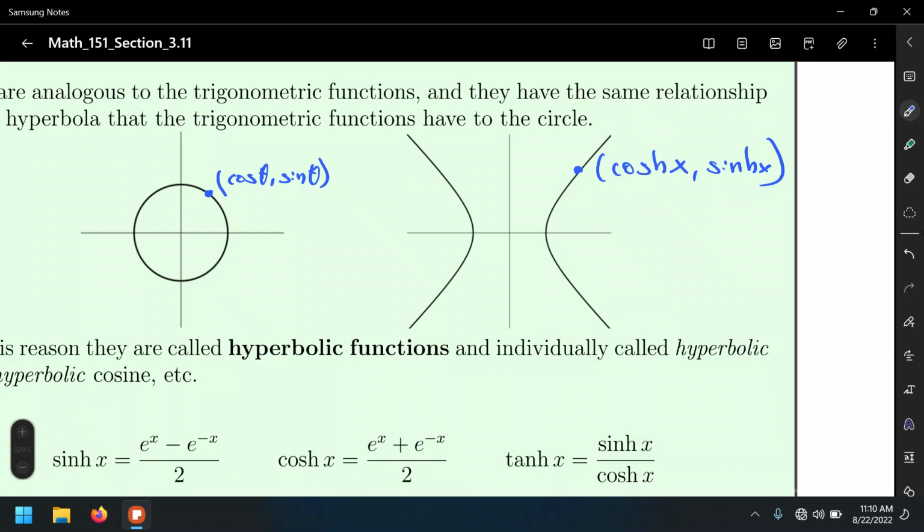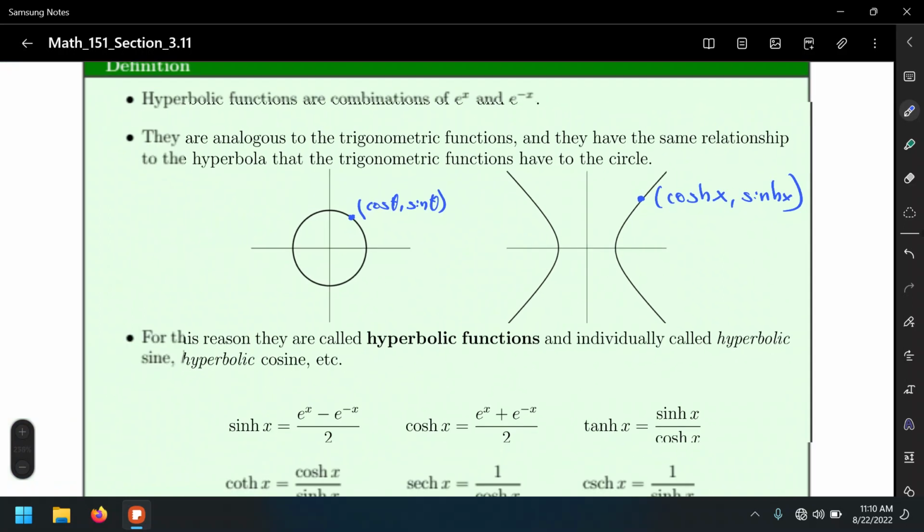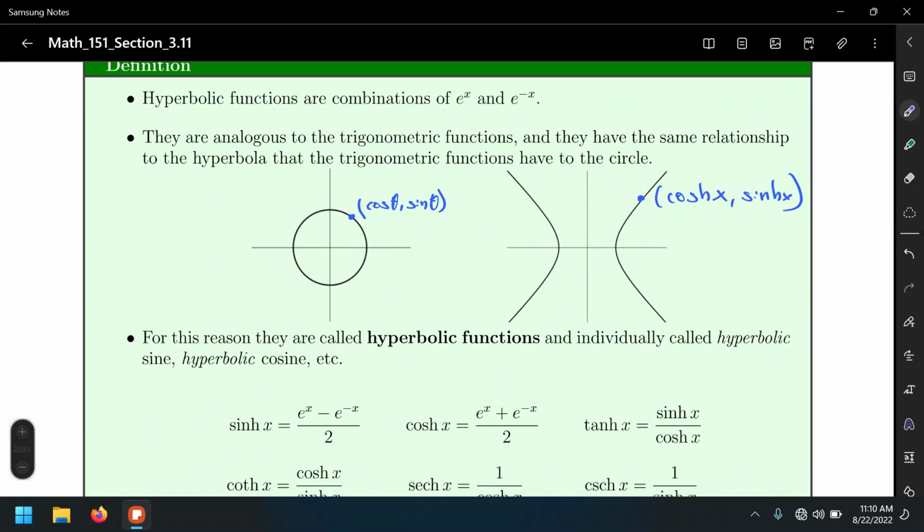However, that's not the case for hyperbolic functions. In fact, we don't see that circular motion for the points that describe the hyperbola. So that's why in this case we're not using the theta symbol. Of course, if you want to use it just to make it look nice, that's fine. When it comes to variables, you can put your favorite letter.